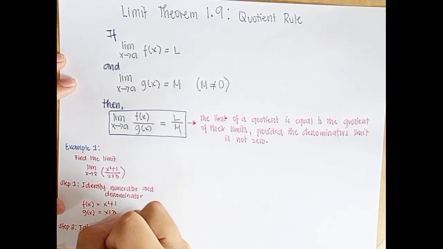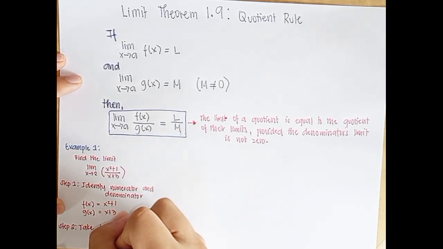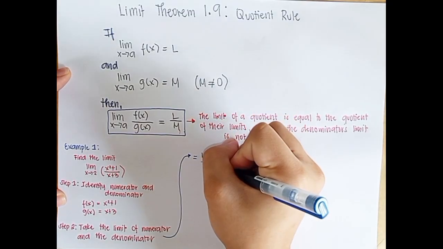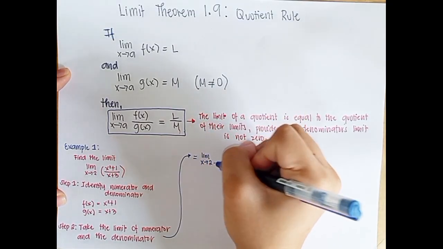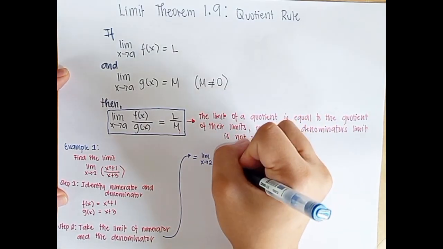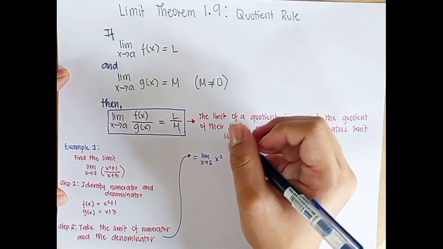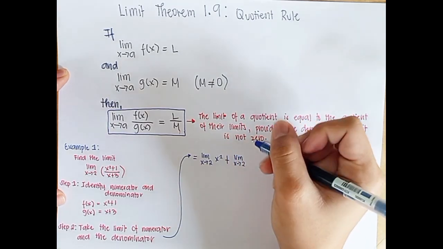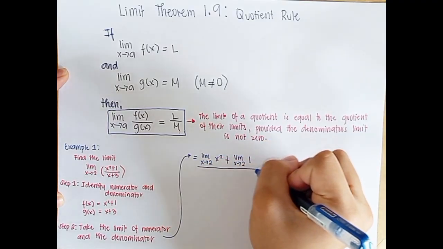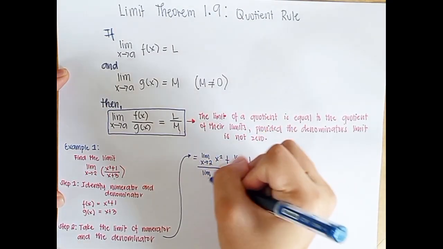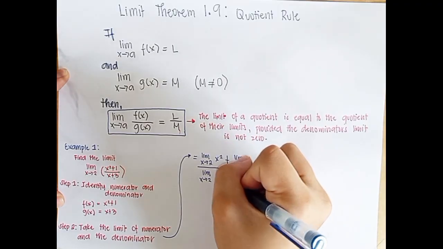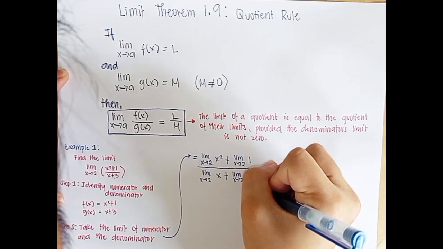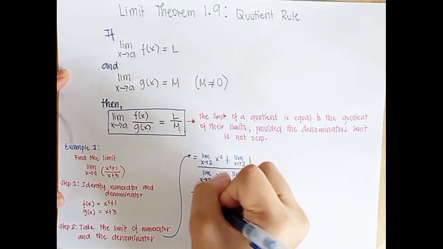For step 2, we have to take the limit of each expression. To simplify the numerator and denominator, we take the limit of each expression. So the limit as x approaches 2 of x squared plus the limit as x approaches 2 of 1, over, next, we take the limit of the denominator: the limit as x approaches 2 of x plus the limit as x approaches 2 of 3.